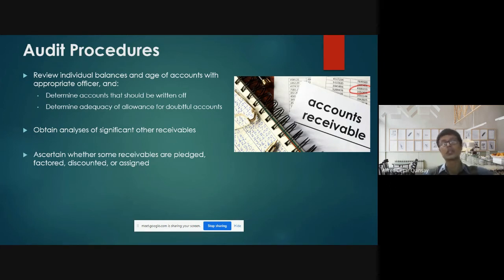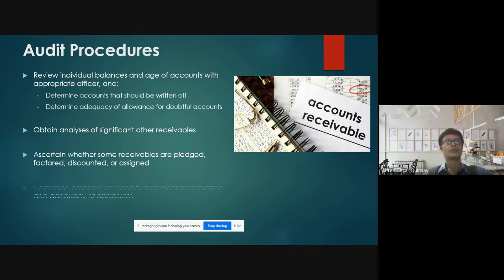We need disclosure for those, which is why the notes to financial statements are important, to check whether receivables might be pledged or factored. That is receivable financing. I have a video on that; you can check it in our videos, and I will provide a link later.